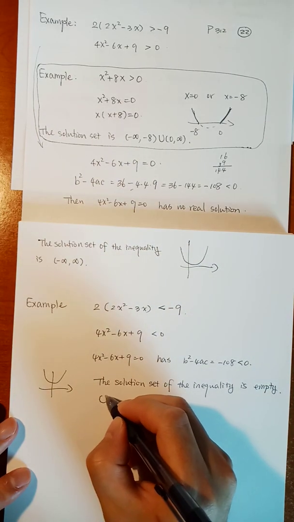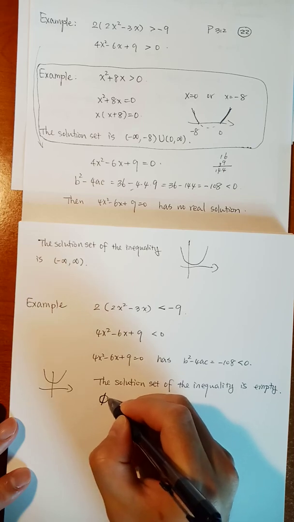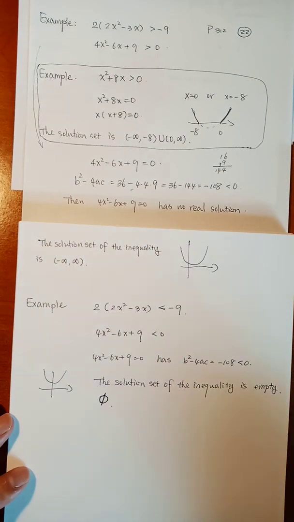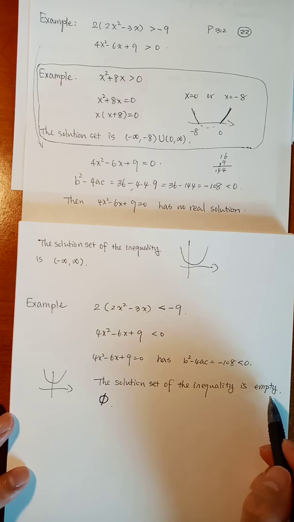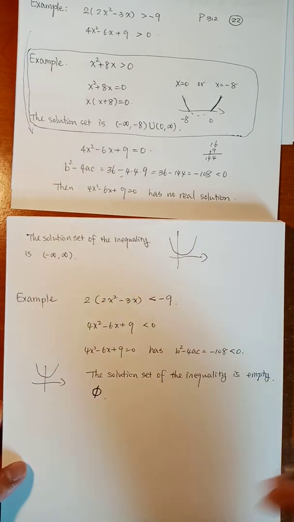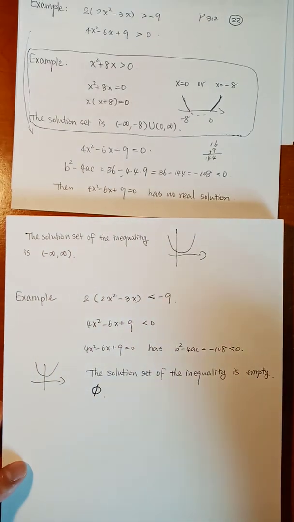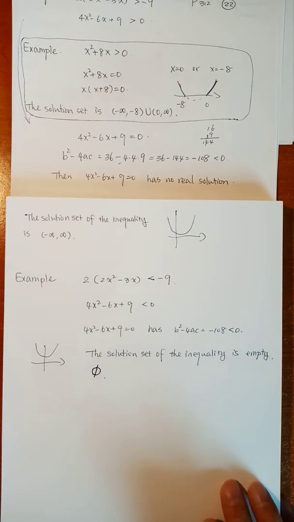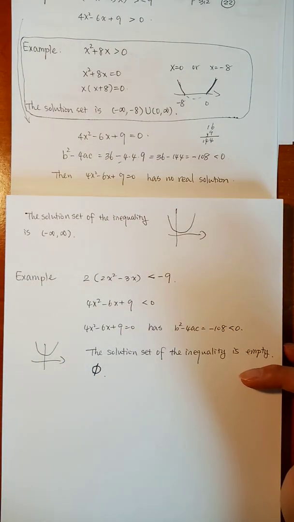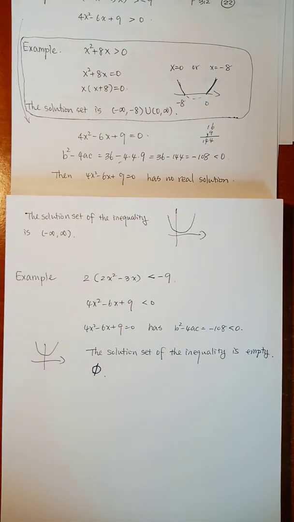Remember, for the empty set we have a symbol: you draw a circle and cross it with one segment. You can just say it is empty, or use this symbol. That's the opposite case.